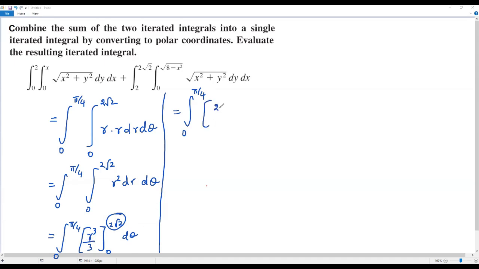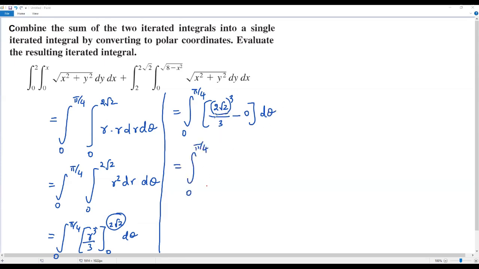Then I'm getting (2√2)³ over 3, minus the same result with the lower limit 0 plugged in for r. When I plug in 0 for r, 0 cubed is 0, and 0 divided by anything is 0. So 0, times dθ.